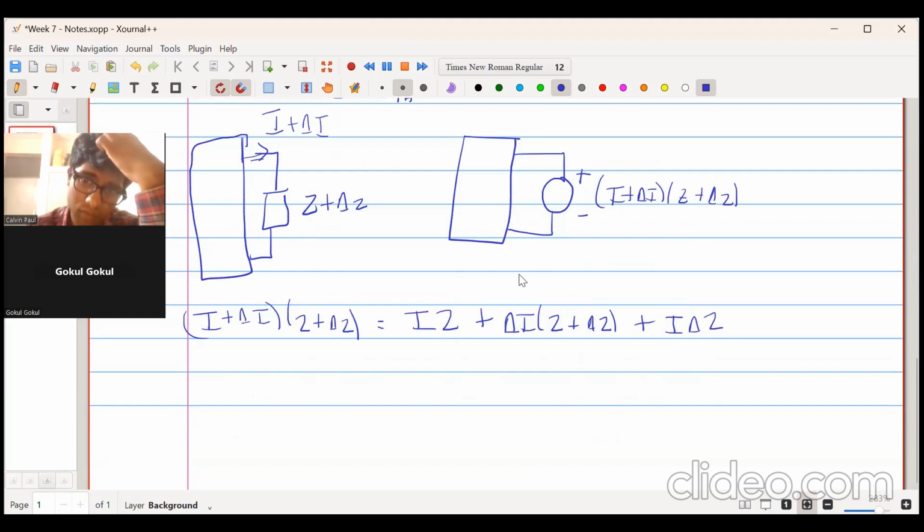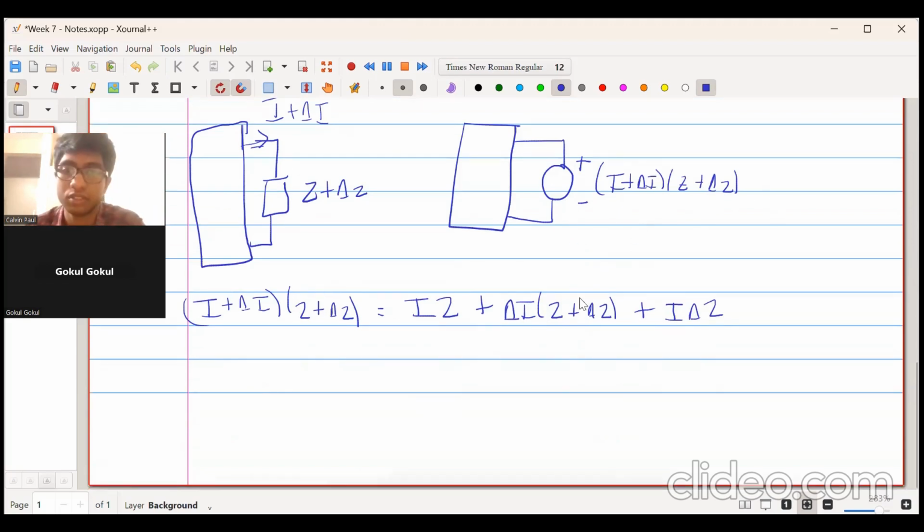So now we will write this voltage source in terms of three voltage sources.